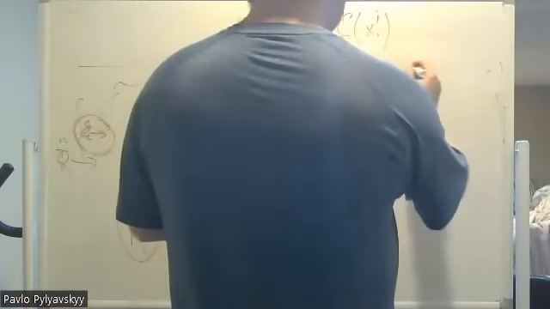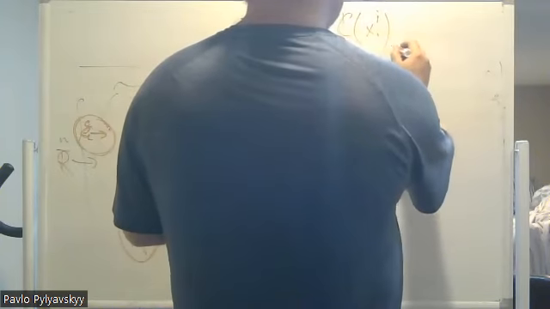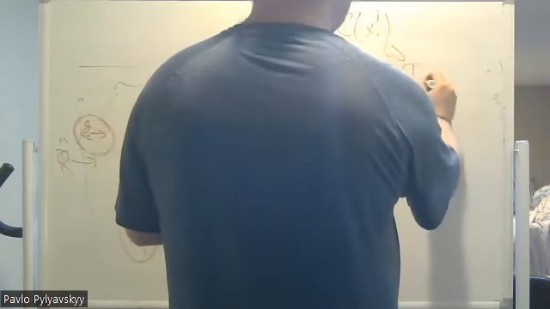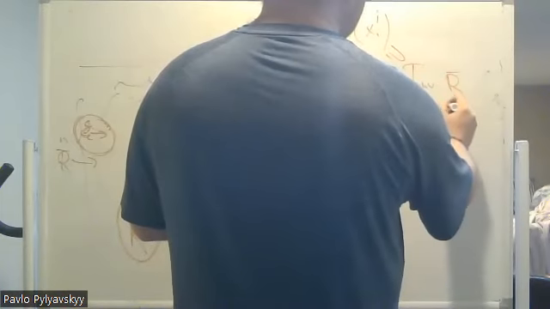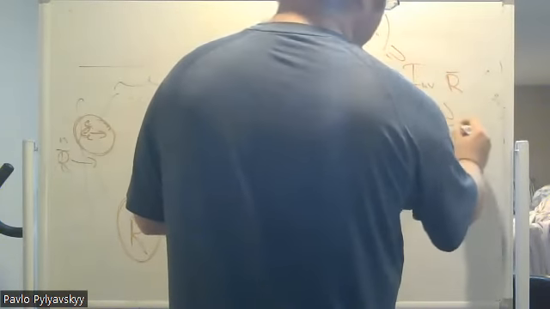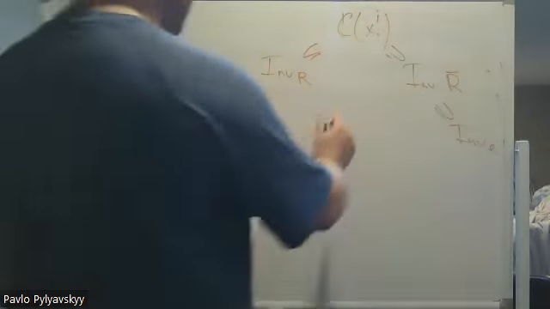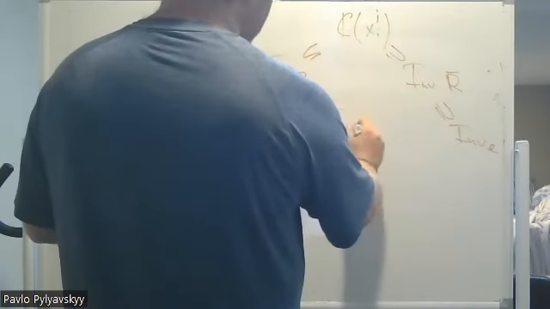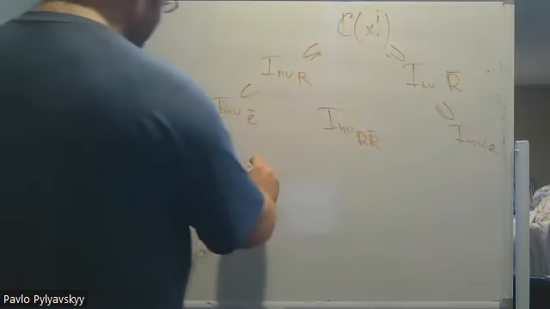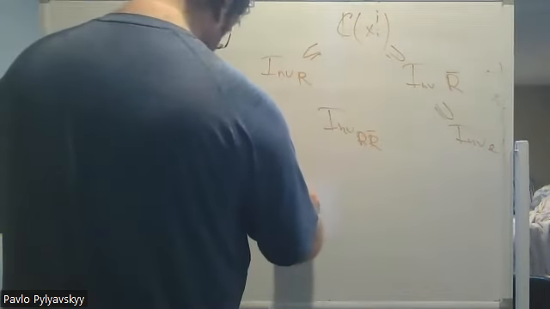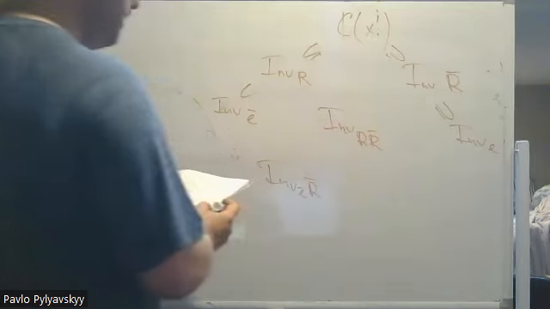And here you have something like invariants of R bar, I guess, which contains invariants of crystal operators. And then here you get all sorts of invariants of both R and R bar, invariants of E, something like this, it seems.